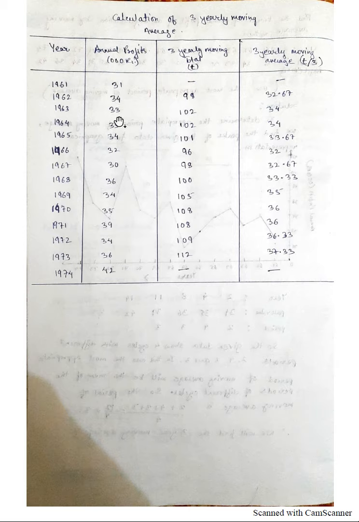So 31 plus 34 plus 33 is equal to 98. You write it in the middle of these 3, so 98 comes here. Here you will have nothing because there is nothing above 31 to add, so 31 won't be a middle of anything, so there will be no value here.